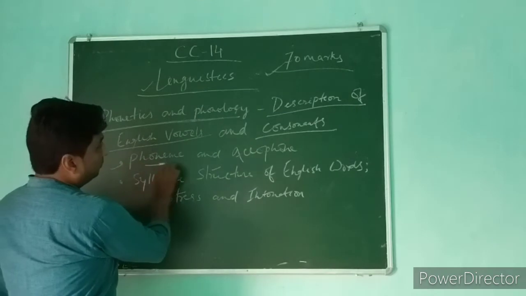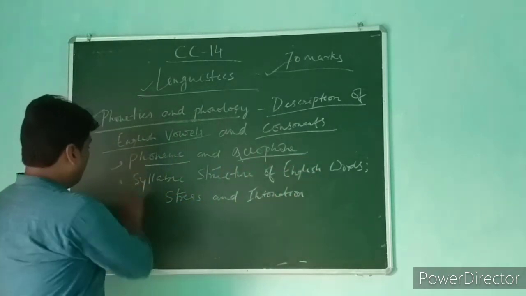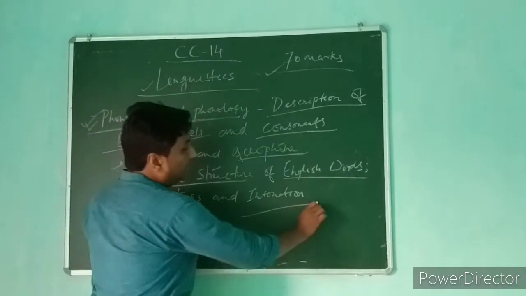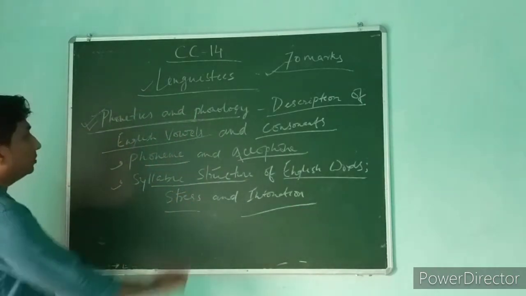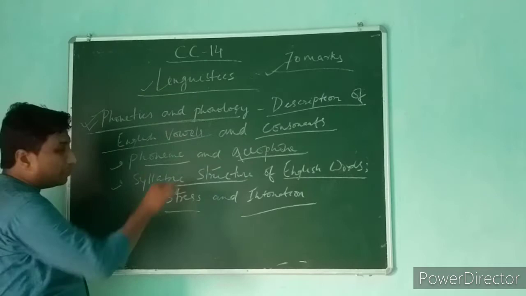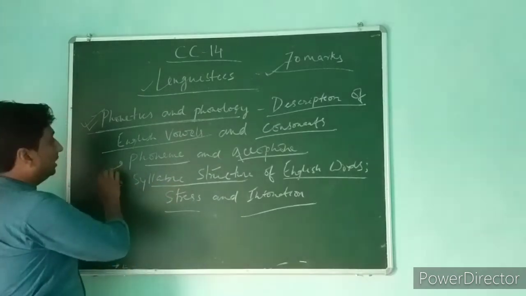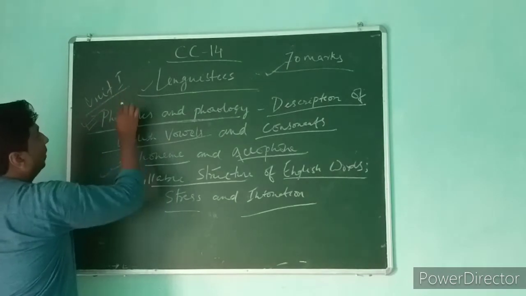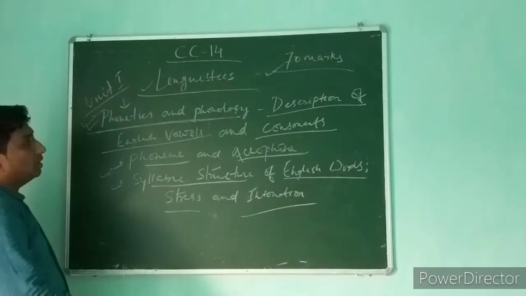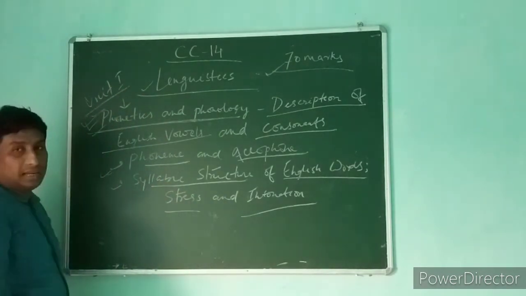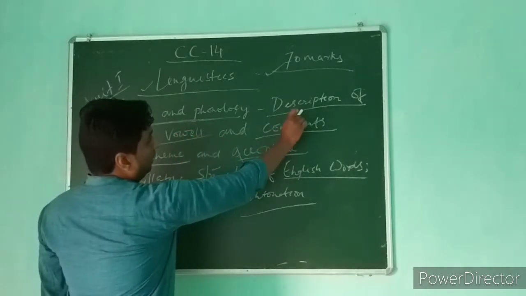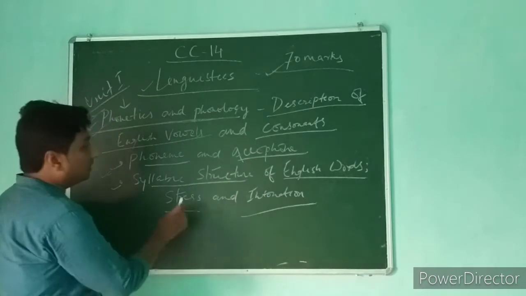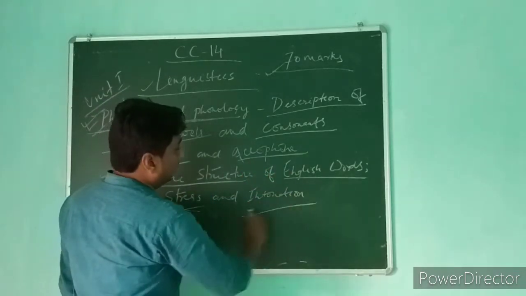The second is phoneme and allophone, and the third one is syllabic structure of English words, stress and intonation, right? So these are primarily the 4 subtopics that we have to study within unit 1, in the first branch of study, which is phonetics and phonology. So what we have to study? We have to study description of English vowels and consonants, phoneme and allophone, syllabic structure of English words, stress and intonation.